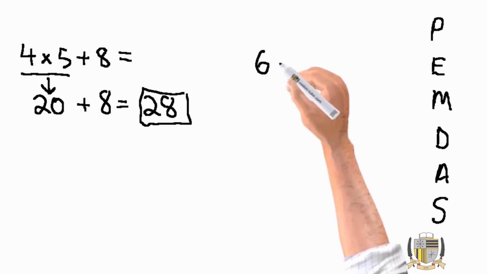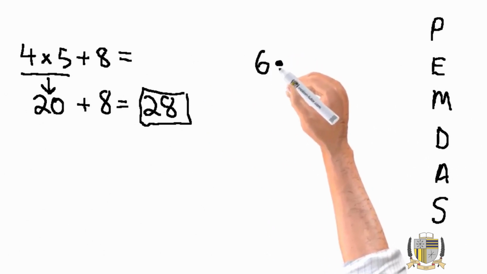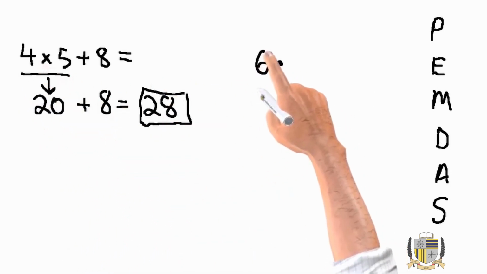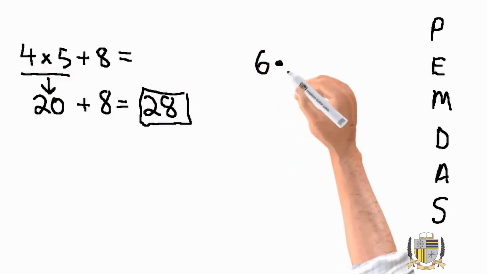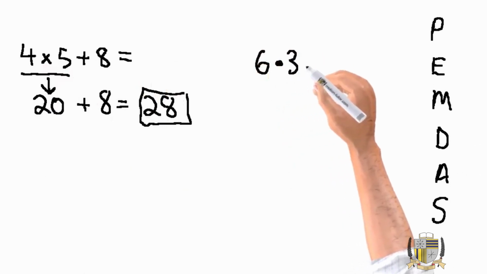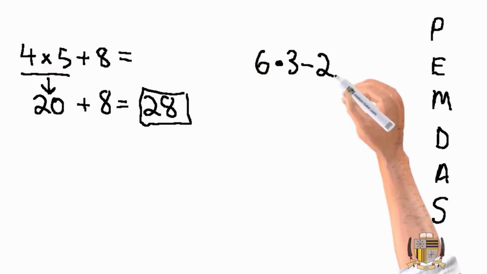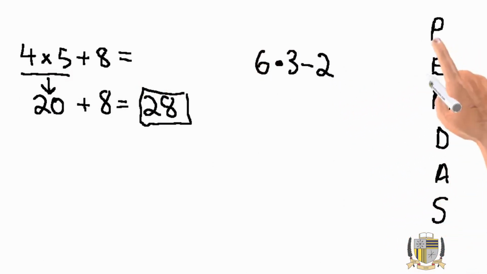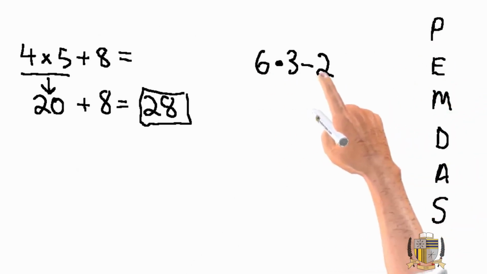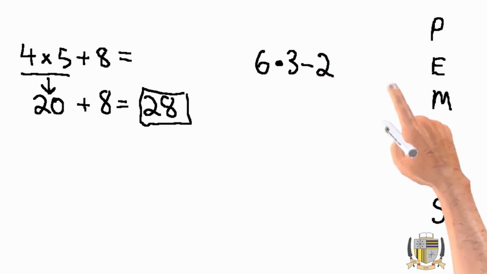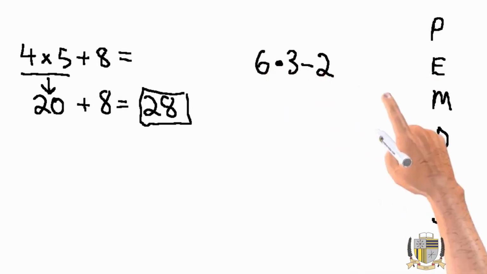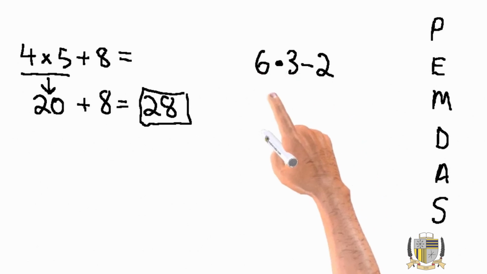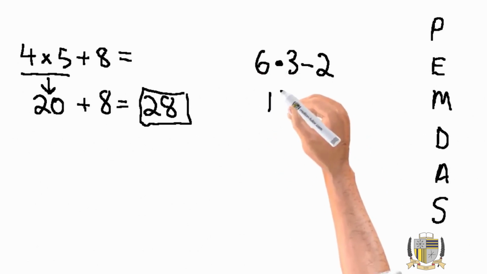This time I'm going to put a little dot instead of writing the x as multiplication. So 6 times 3 minus 2. Any parentheses? No. What about exponents? Any exponents? No. Multiplication? Yes. 6 times 3 is 18.